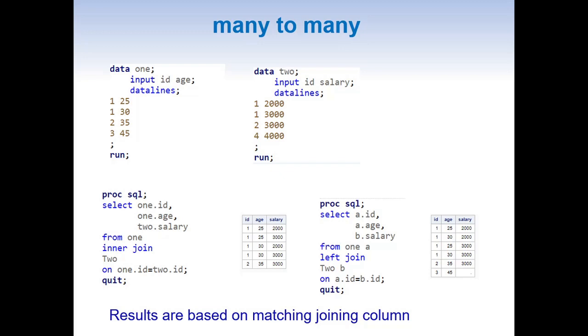We have to always be careful about many-to-many joins, especially when we have lots and lots of observations and lots of many-to-many joins. Then we are going to have a problem, because our resultant data set will have a lot of rows. And in the case of left join, we will additionally see the information from the left table which does not have a match in the right table.